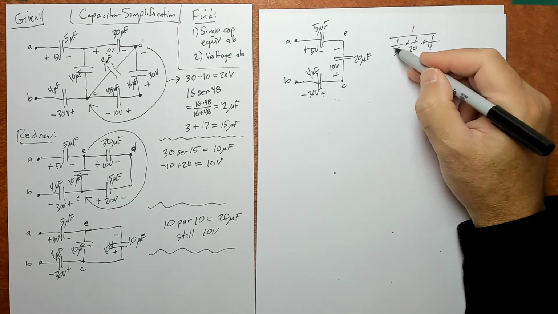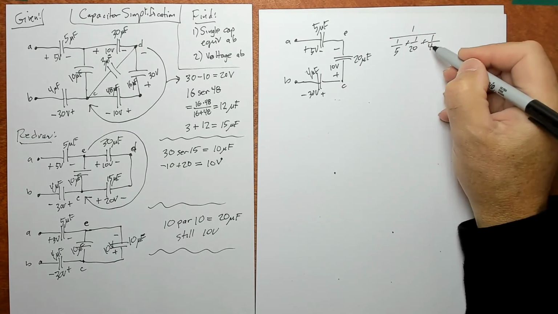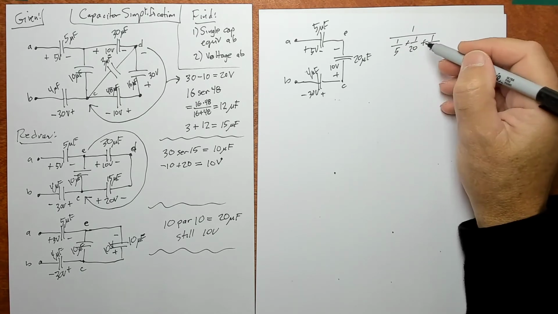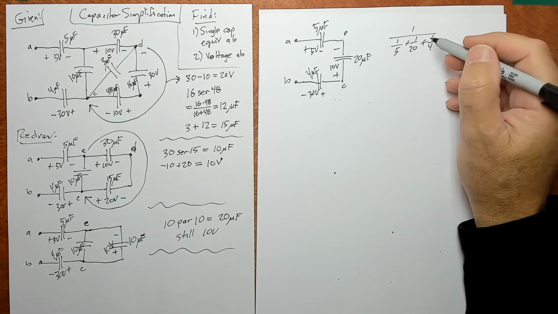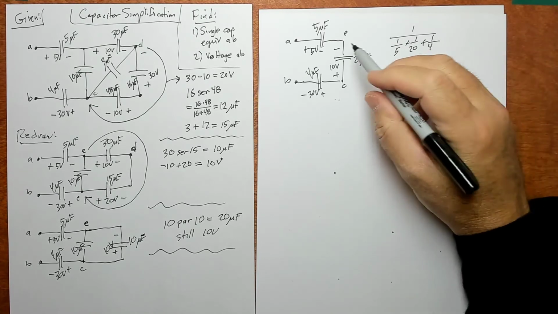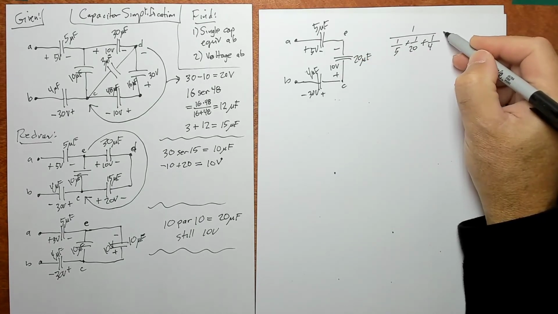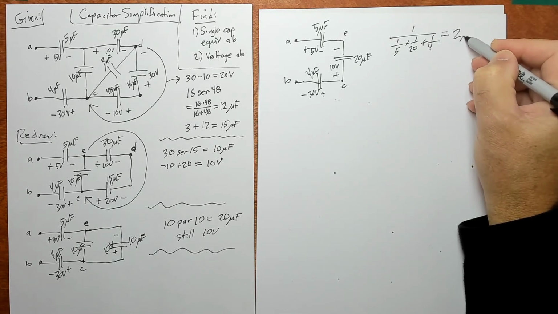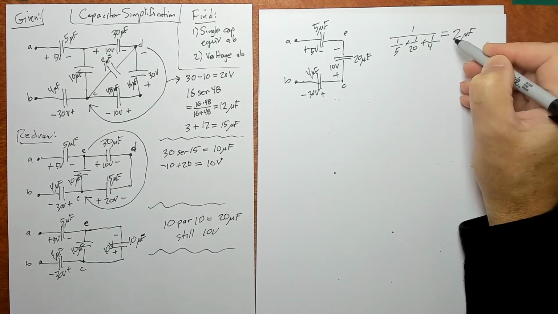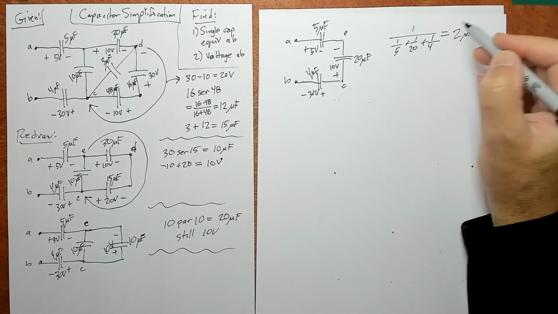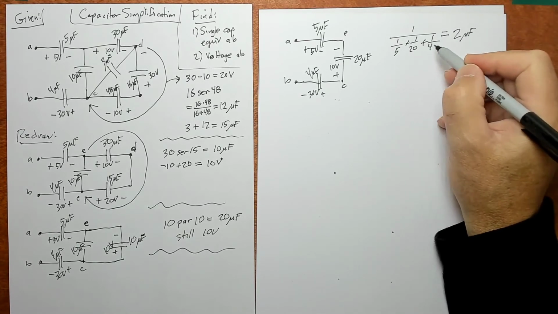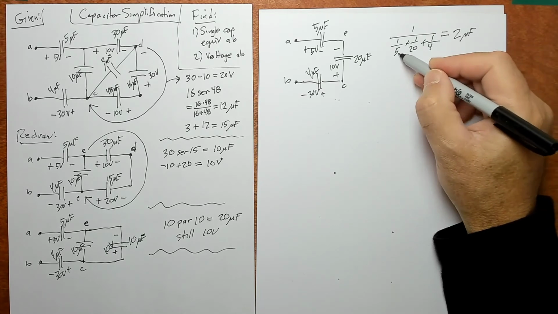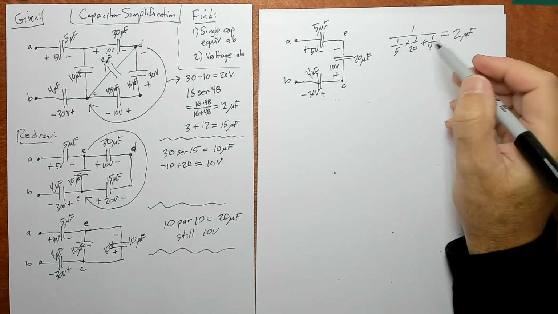This is the formula for resistors in parallel or capacitors in series. And you can do all 3 at once with this formula. And that ends up being 2 microfarads, with a value less than any of the others, which is a double check on this kind of thing: the answer you get is going to have a final value less than the smallest of these.